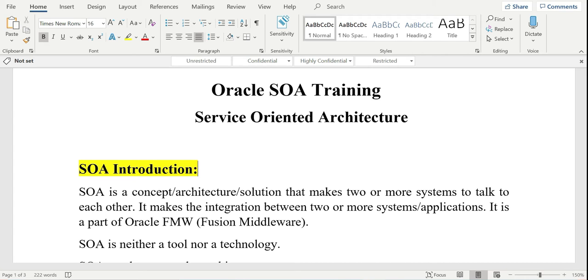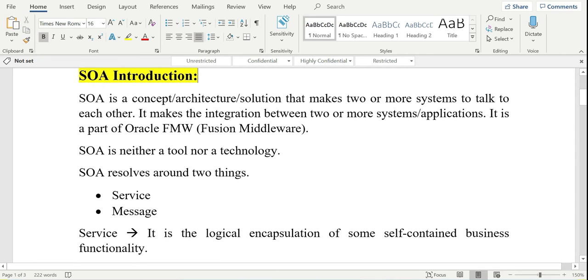Okay, so SOA is a part of Oracle Fusion Middleware (FMW), as you know. When we hear the words service-oriented architecture, the first word that comes into our mind is service.